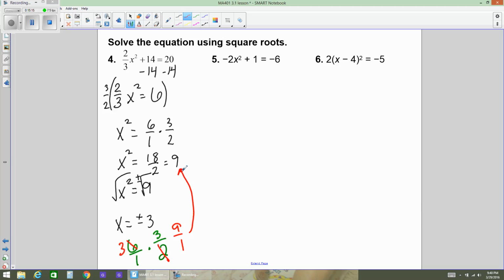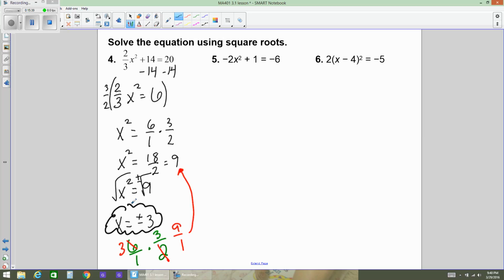So there's two ways of doing that. You can multiply straight across like we did, get 18 over 2 and reduce it, or you can reduce it in the middle of the problem as long as you're always reducing the top with something on the bottom. Okay, so plus or minus 3.